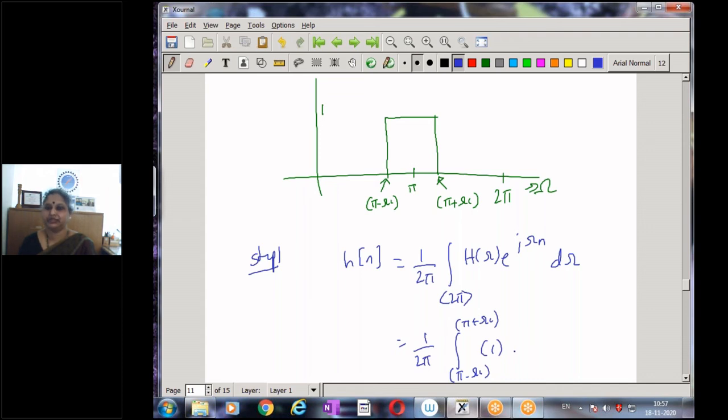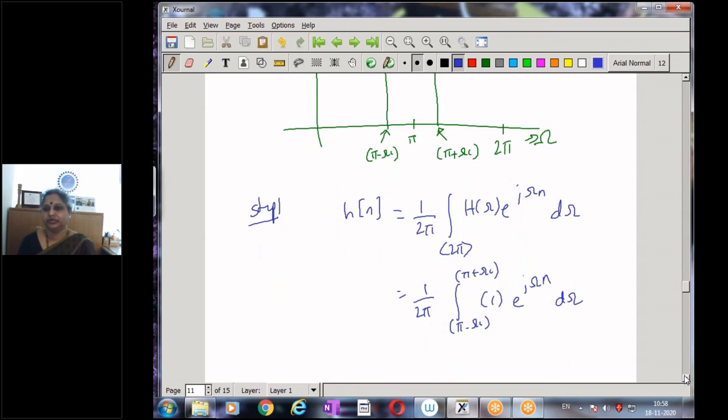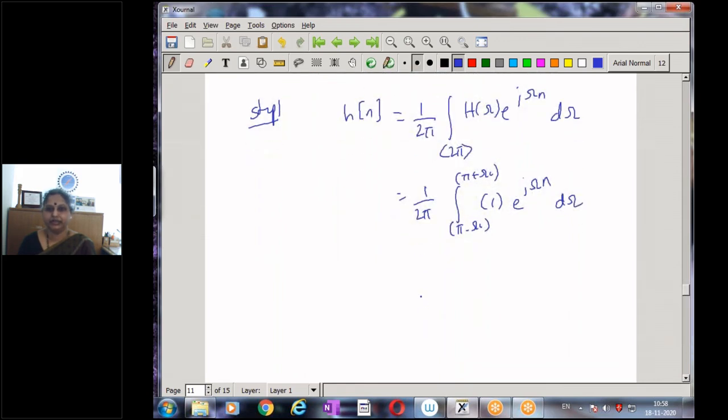And once again, my desired response in the pass band is constant, say 1, times e to the power j omega n d omega. So what does that make it? So 1 by 2 pi and e power j omega n by jn, with limits of integration being pi minus omega c to pi plus omega c.